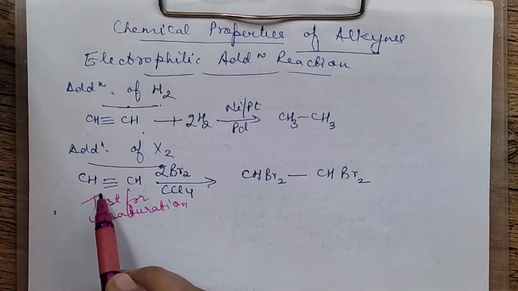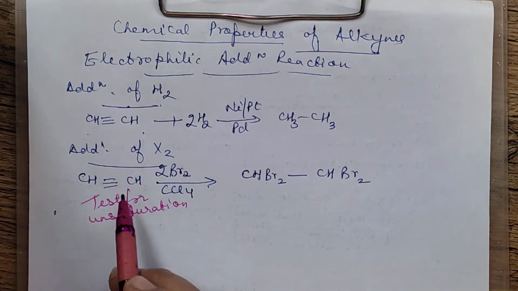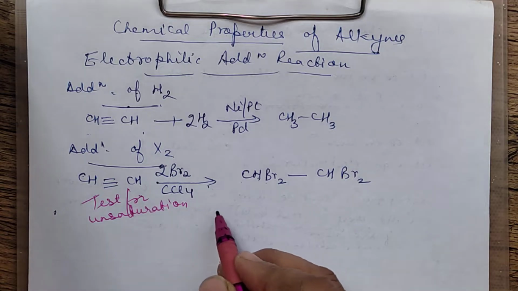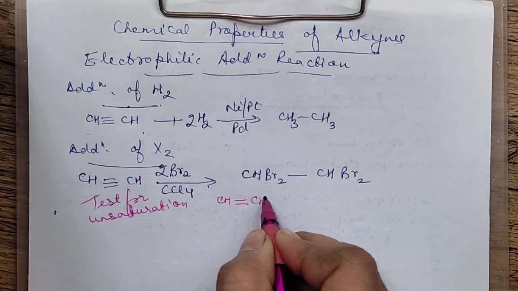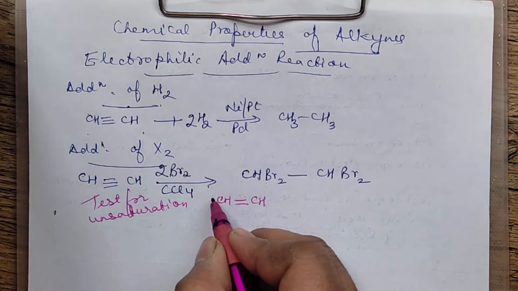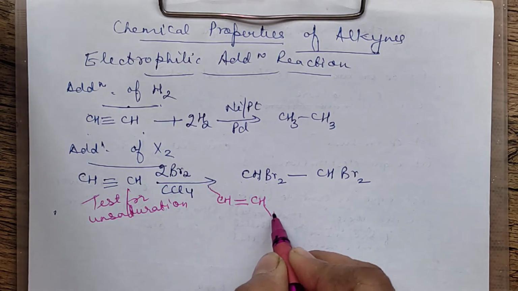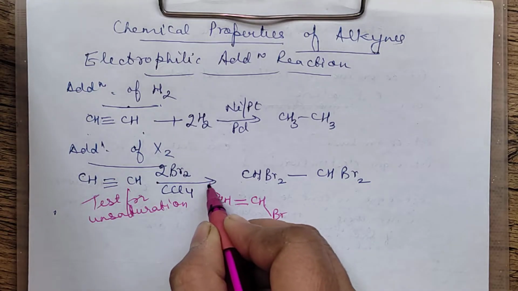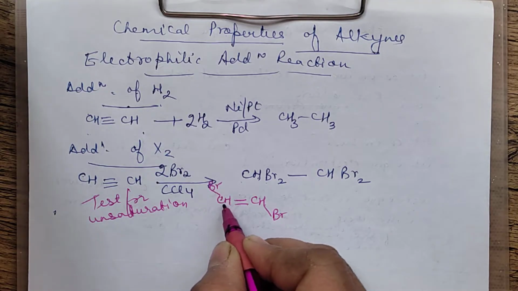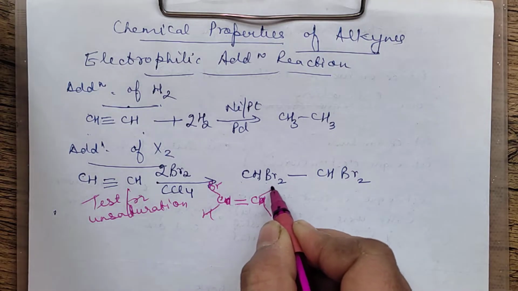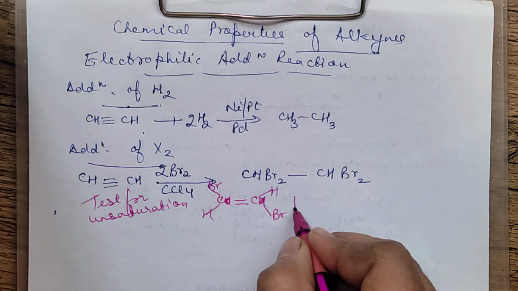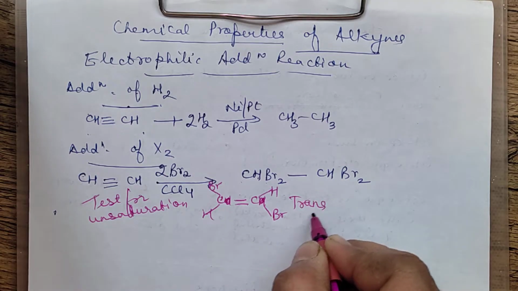If one Br2 is added, remember one thing: the first product you get is CH double bond CH, with one bromine here and one bromine here. Actually, if we want, we can write the H on this side and the H on that side, just to show that the first product formed will be the trans addition.